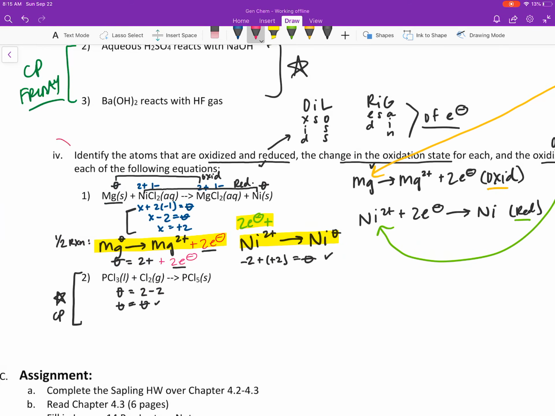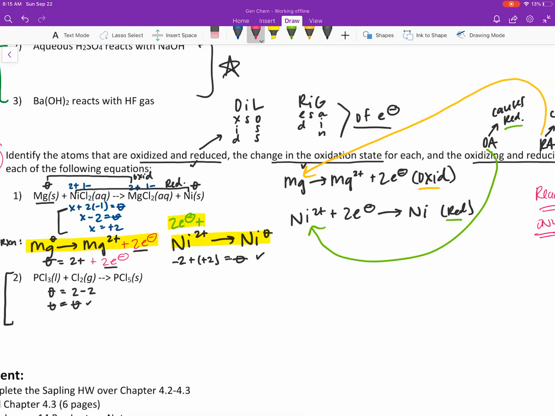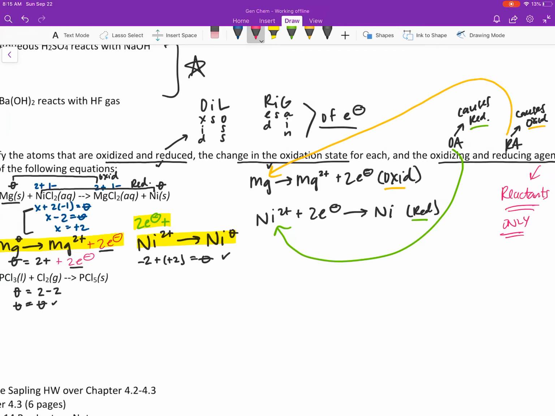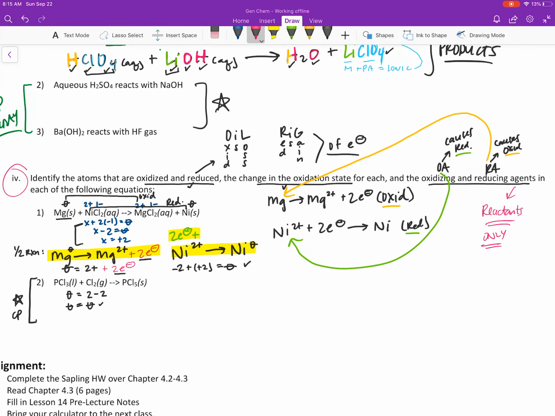So this particular topic is kind of a culmination of a couple of things we talked about today: the change in oxidation state, identifying redox reactions, and then oxidizing and reducing agents.